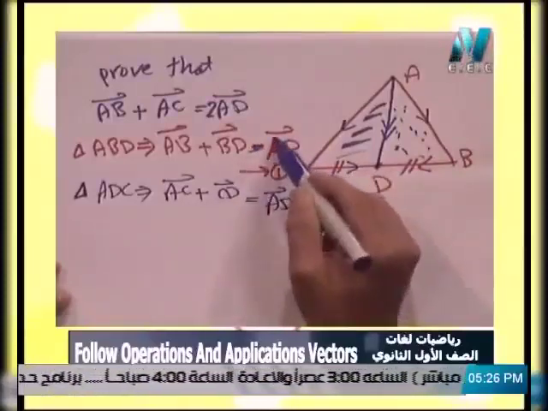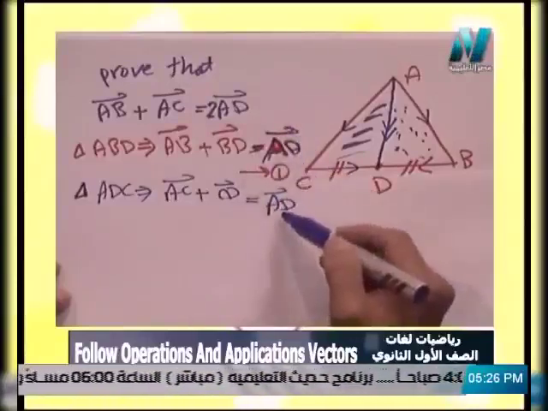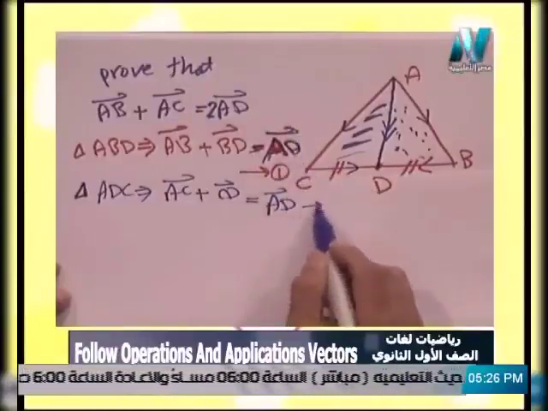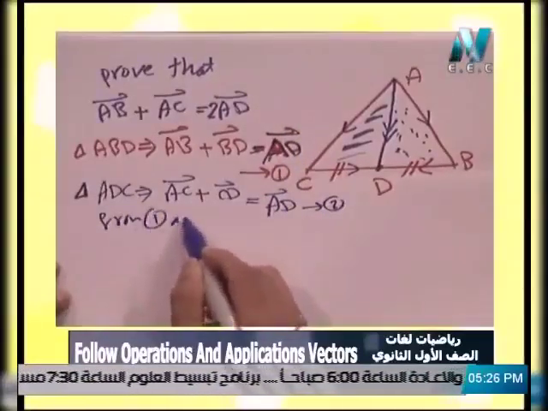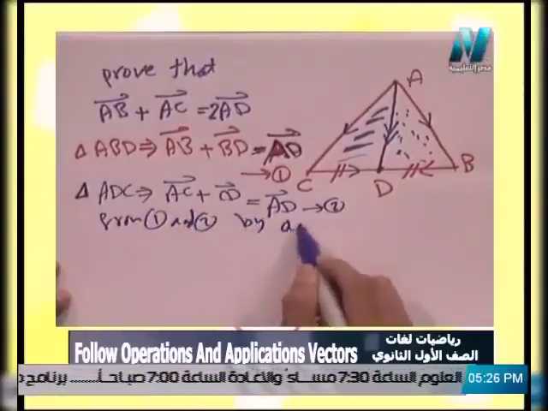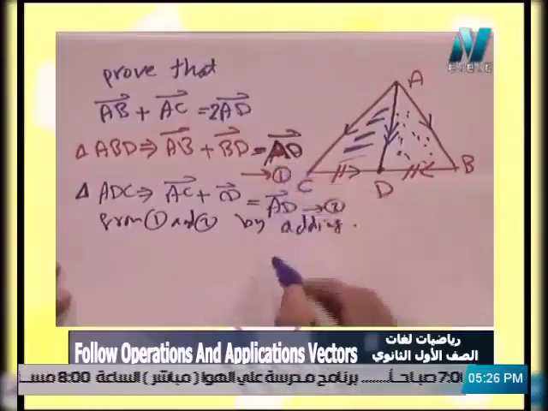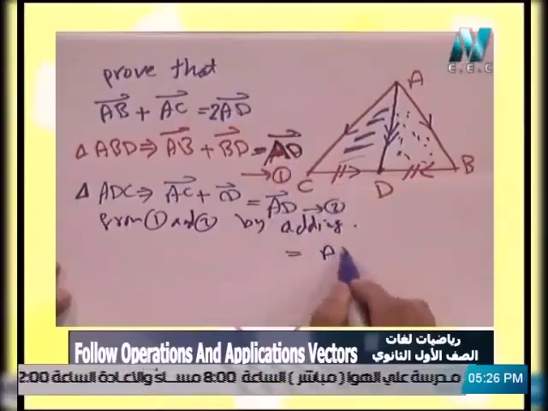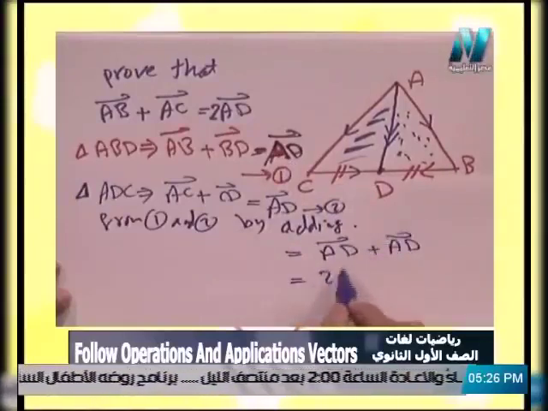We have AD here and another vector AD here. So from equations 1 and 2, by adding, we will get on the right side AD plus AD, so it's double the vector AD.